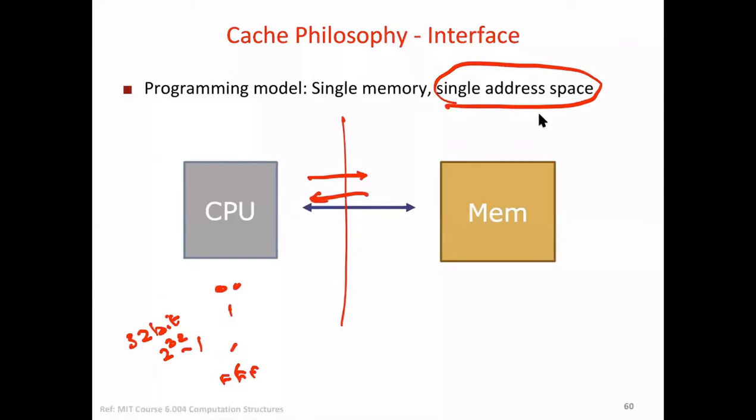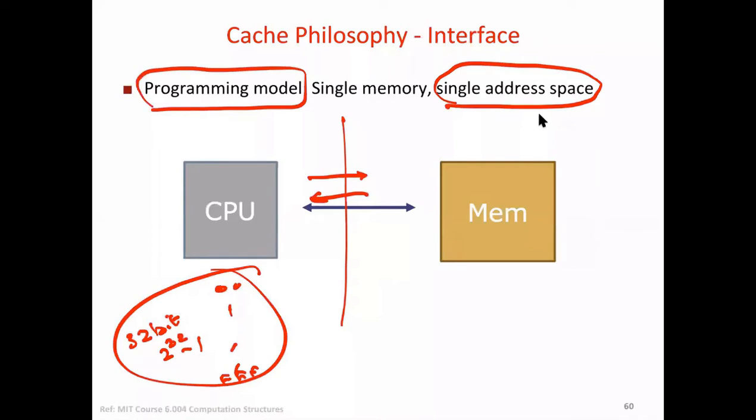That's all the requirement of the CPU, and in a short period, because it assumes the data will be available within a few cycles. However, there may be times when your data is not available within some cycles, so in that case the CPU may have to wait. But in general, the programming model is that when somebody programs, they view this as a single memory and single address space.